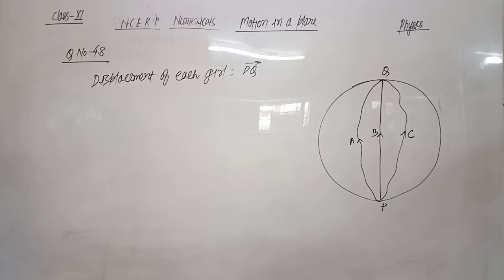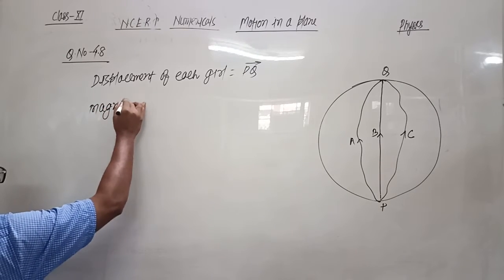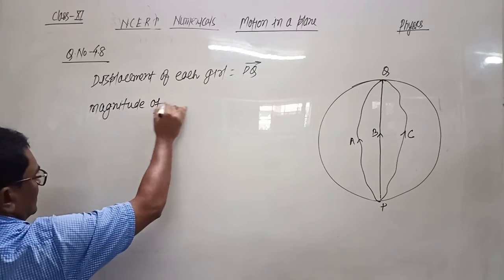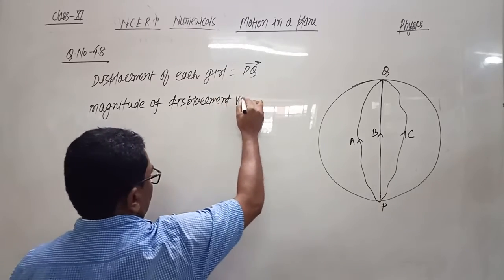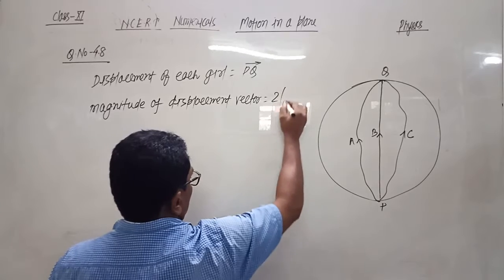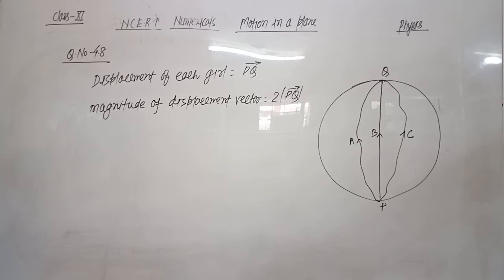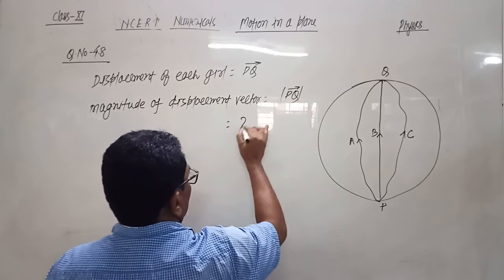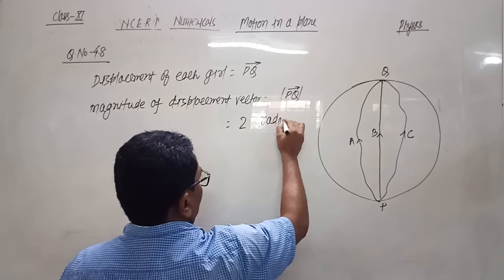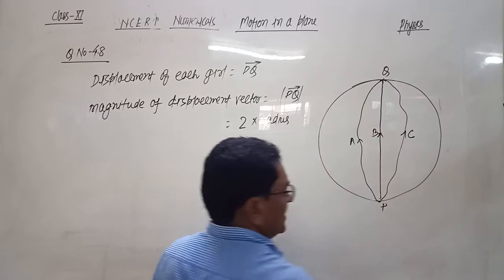The magnitude of the displacement vector equals the magnitude of PQ, which is equal to 2 times the radius, because we have been given the radius of 200 meters and the total displacement is the diameter.